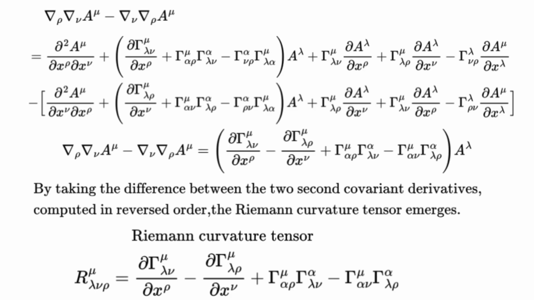By taking the difference between the two second covariant derivatives, computed in reversed order, the Riemann curvature tensor emerges.